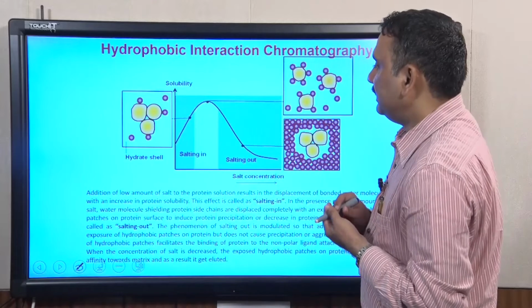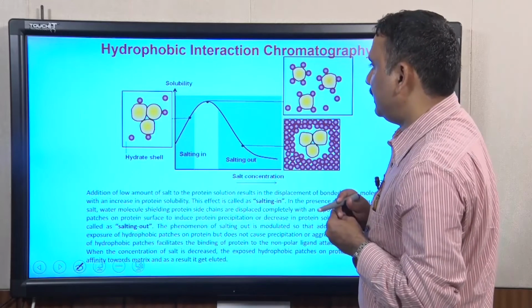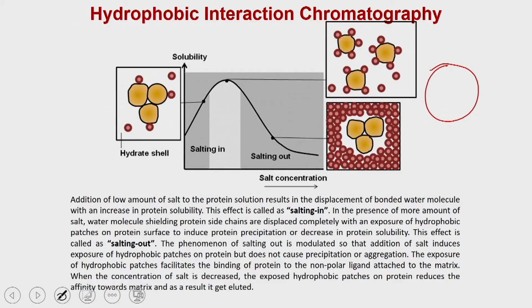Imagine that you have a protein, and outside the protein you have the hydration shell, which contains water molecules. Water has more solubility for salt than it has association with the protein.